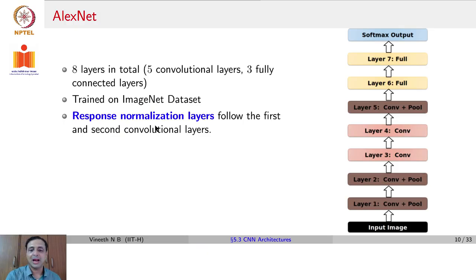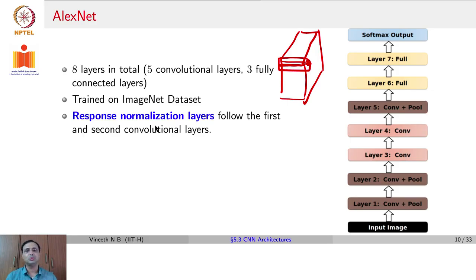For example, if you had a certain depth, you would take a particular pixel location and go along the depth and normalize all the values along the depth at that particular spatial position. This was known as response normalization, and the authors argued that this would give an effect of what is known as lateral inhibition. So it would allow one of those to win over the other by getting a higher value in terms of the output after normalization and so on.